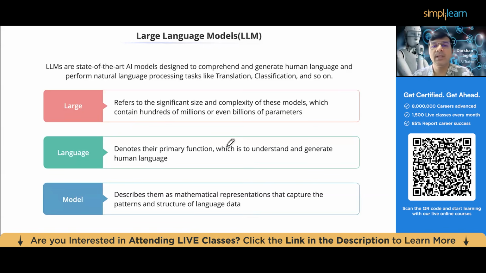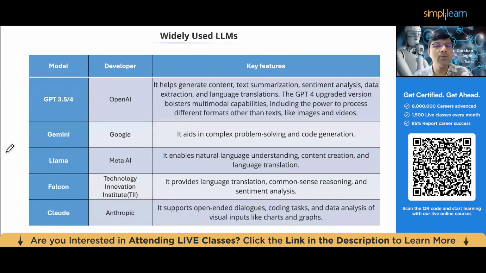Now, the next one, we get into the widely used large language models. Now, the slide is a little outdated, as you can see over here. Here, GPT 3.5 or 4, they are the most widely used models. They excel in content generation, summarization, translation, and data extraction as well.